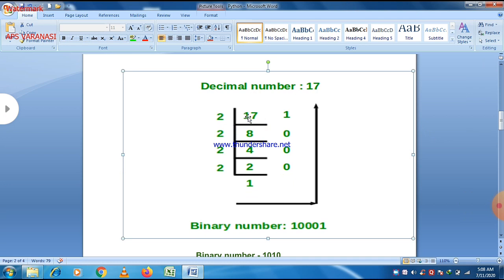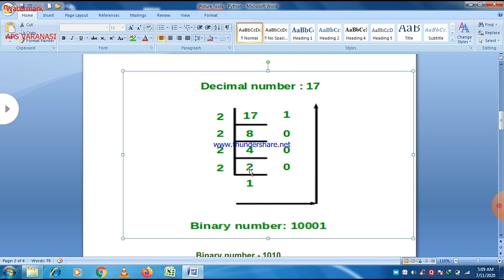See that 17 divided by 2 gives 8, with 1 as the remainder. Again 8 divided by 2, answer is 4, and remainder is 0. Then 4 divided by 2, answer is 2, remainder is 0.